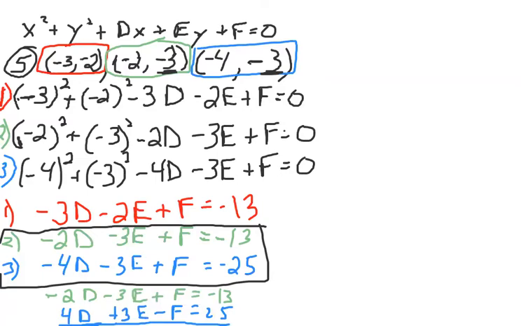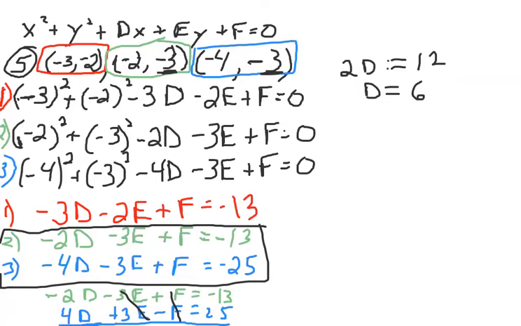So when I add these together, 4d minus 2d is going to give me 2d. The e's and the f's all cancel out, and I get that 2d is going to equal 12. So d is 6. So that 6 is all 3 d's in all 3 of those equations.